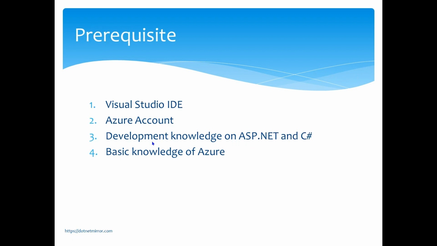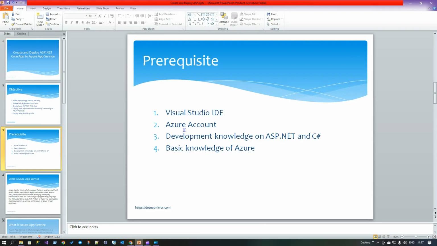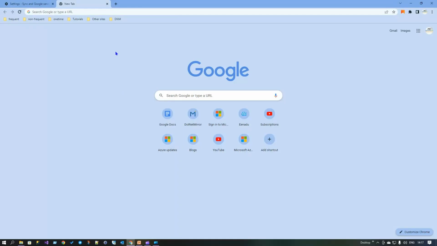To understand this video, the prerequisites you should have are Visual Studio IDE, an Azure account, development knowledge of ASP.NET and C Sharp, and basic knowledge of Azure. If you don't have Visual Studio IDE, let me go onto the internet.